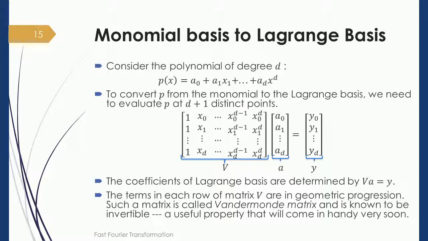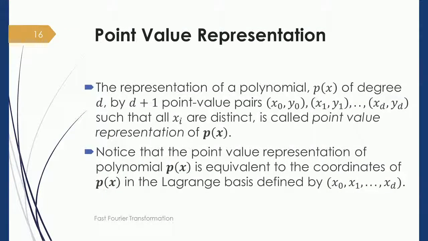We have already talked about the coefficient representation. There is one more way in which polynomials can be represented, and this is essentially the Lagrange basis. This other representation is nothing but the point value representation. For each polynomial of degree d, we will require d plus 1 point value pairs, x sub 0, y sub 0, x sub 1, y sub 1 and so on up to x sub d, y sub d.